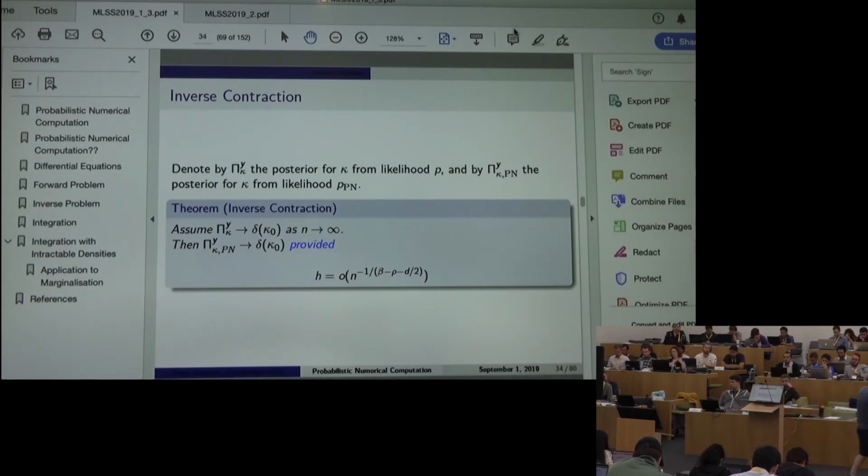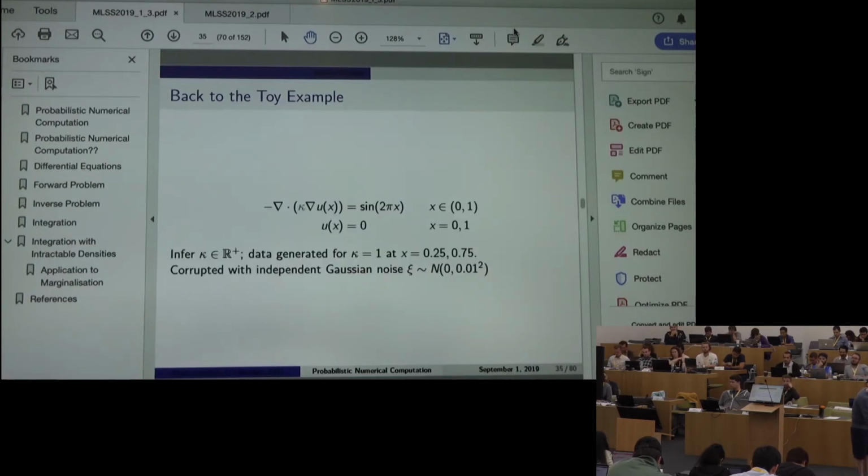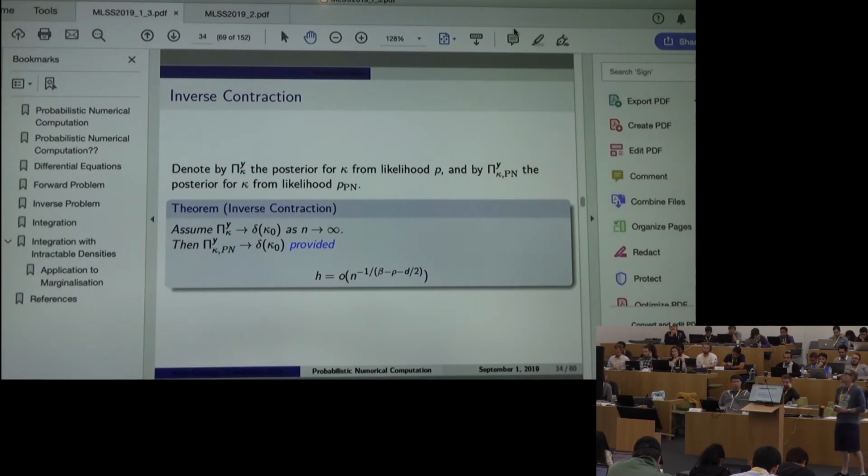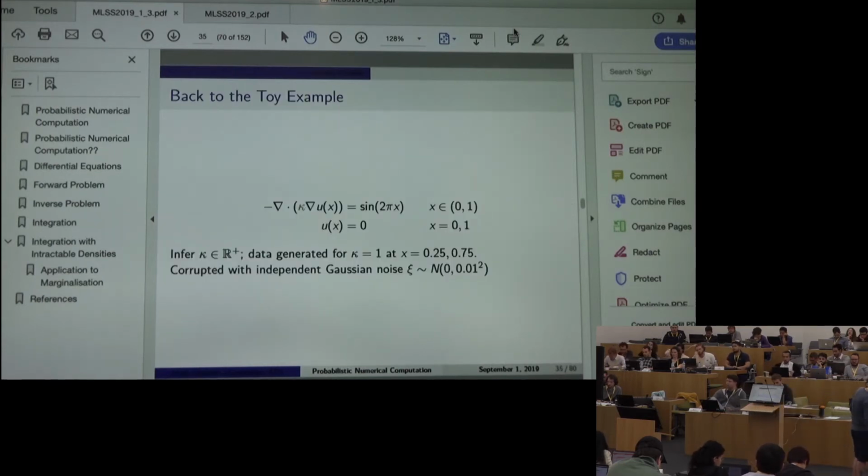So this is quite important because it shows that the process is consistent, and it also shows that on the way we are making a better job of accounting for all of the sources of uncertainty in our modeling problem. So let's just give an example.